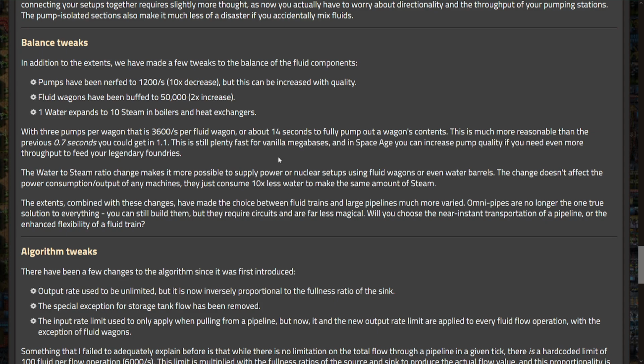Just might mean that it takes a bit longer for the loading, but the trains will still have to travel a lot, so if you need to travel maybe a minute or half a minute to the place where the train is going, then 40 seconds is still okay compared to just below 1 second, but maybe that was a bit unrealistic to fill a fluid wagon that fast.